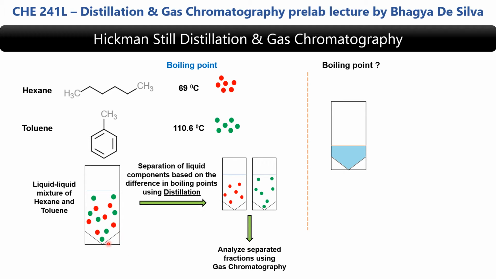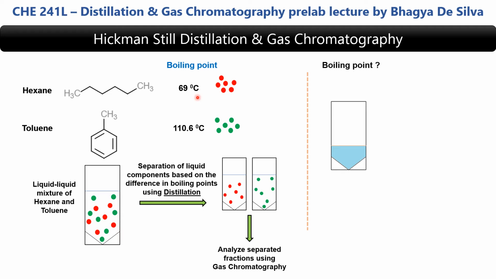When we continuously supply heat to this mixture of hexane and toluene in a distillation apparatus, the hexane, because it has the lower boiling point, is first going to start to separate from the mixture near the temperature of its boiling point.